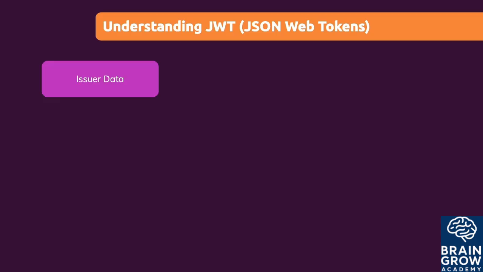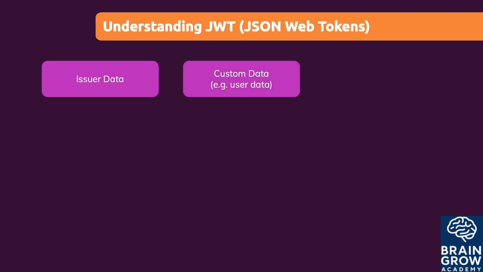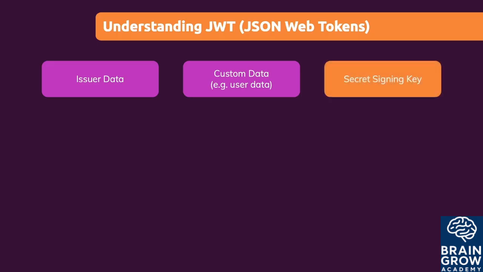We can then still also add custom data to our token, for example, some information about the user. And then, very important, we also set up a secret key. We set up that key on the server. The client never gets to see that key, and that's important because if you have that key, you can create valid tokens which are accepted by the server. Hence, only the server knows that key.